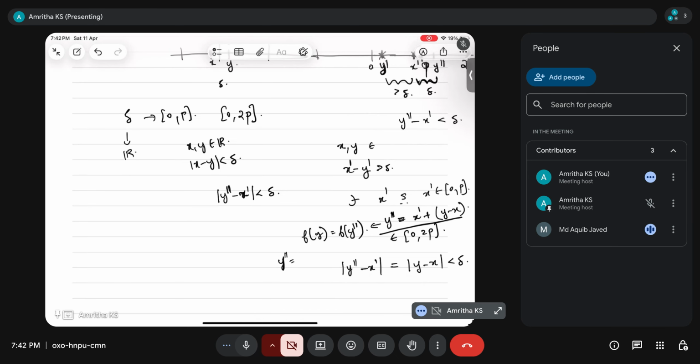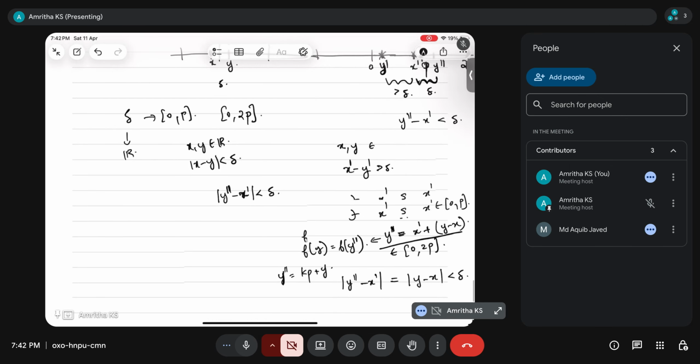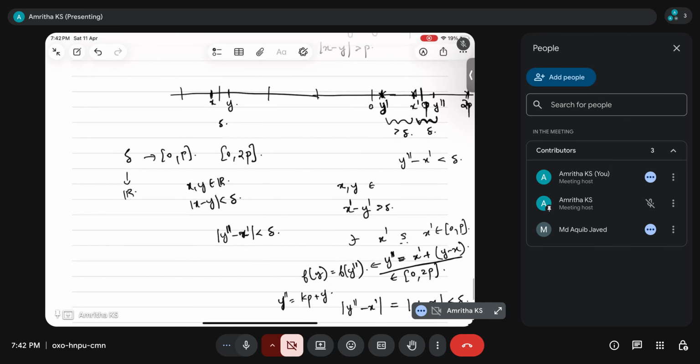Yeah, it is exactly this. You know that you would get y dash, right? Then add p to it to get y double dash.